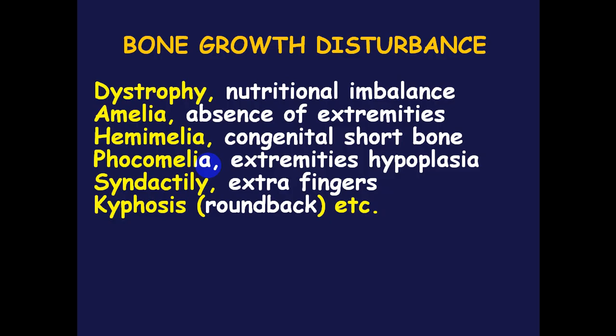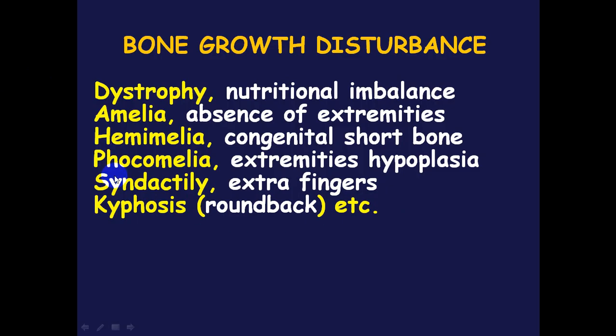So the bones are small and short, and the upper part, meaning the epiphysis and metaphysis, is not formed perfectly. And then syndactyly means extra fingers. This is a genetic change, or even a hereditary change, that is usually found in humans.